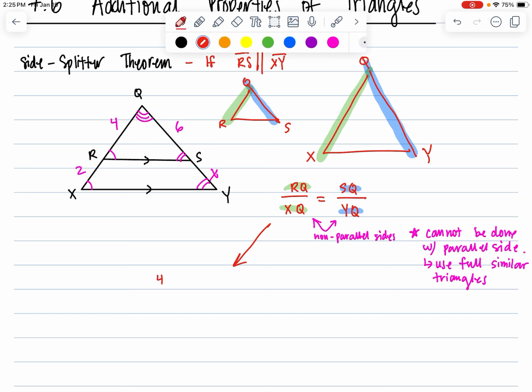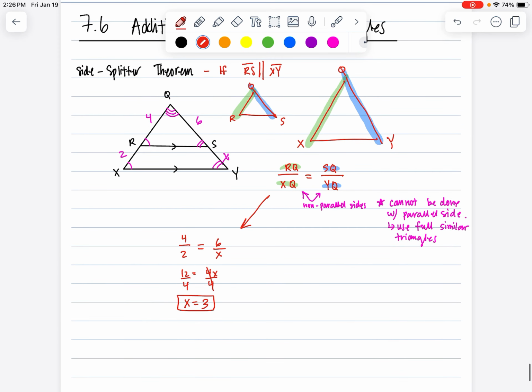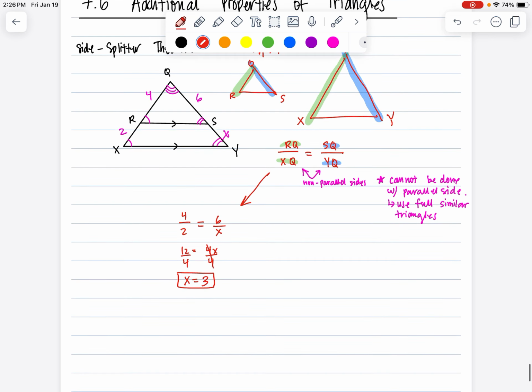We're going to do 4 over 2, which is RQ, is equal to 6 over x. Cross multiply, we get 12 is equal to 4x, divide by 4, and then x is then equal to 3. So we could see that it actually works. Okay, so that's what the side splitter theorem does. It makes this type of problem a little bit easier to do because we don't have to do the full similar triangle. Okay, so that is your side splitter theorem.